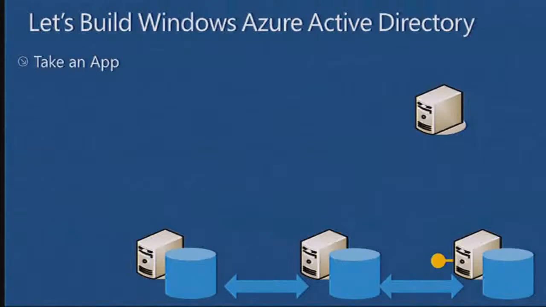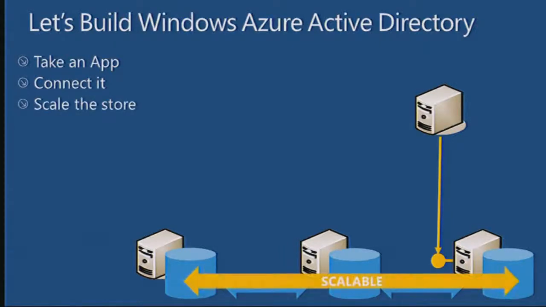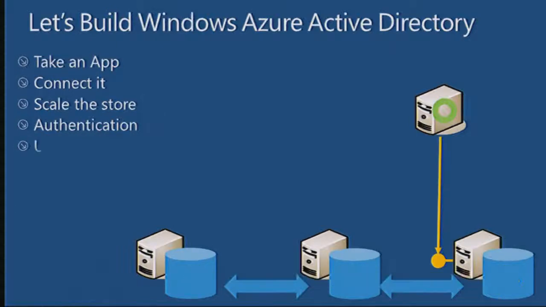The next thing you do is take an application and connect that application up to the REST endpoint. And the sort of things you can do: you can scale the store to make it fit. That will happen automatically. You don't have to worry about that. You can authenticate. If you've got an application service that wants to use some features of the directory, then you have to have a valid account in order to use the service.